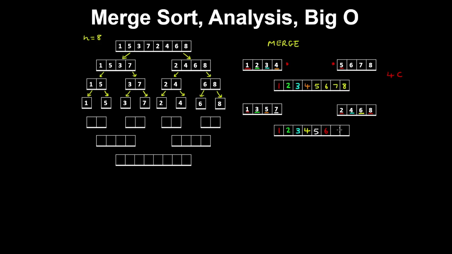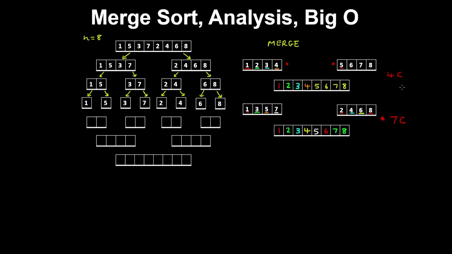And then 7 gets compared with 8, 7 is less than 8, and there's no more elements left to compare, so therefore the 8 gets placed in the array. So in this second case, we required 7 comparisons. And this here is the worst case.